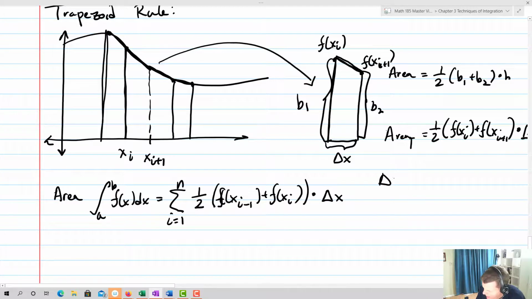And delta x will equal b minus a divided by n. So basically that's our step size.